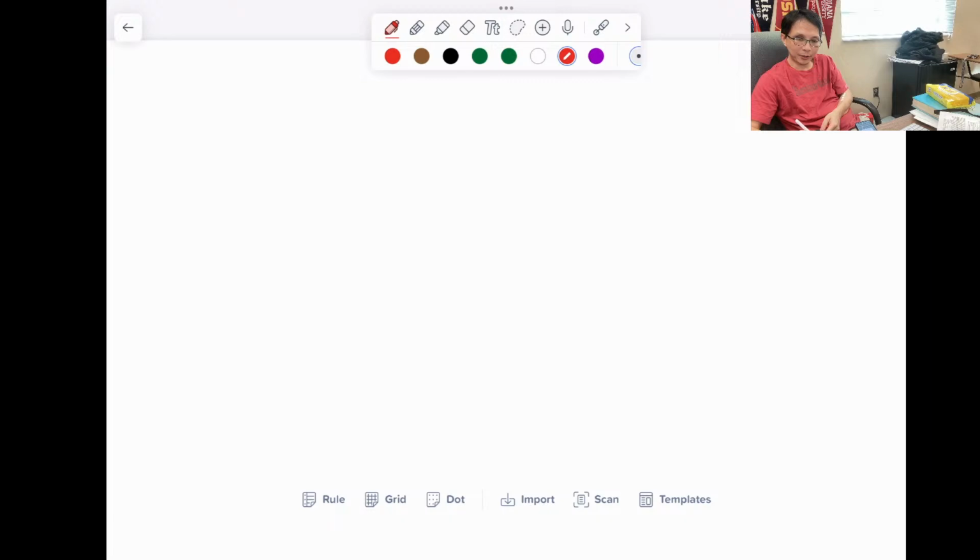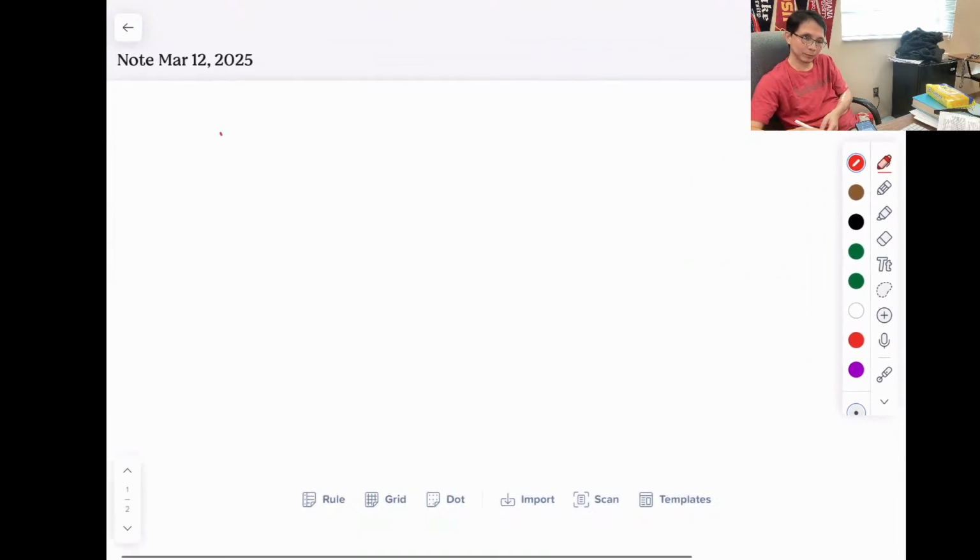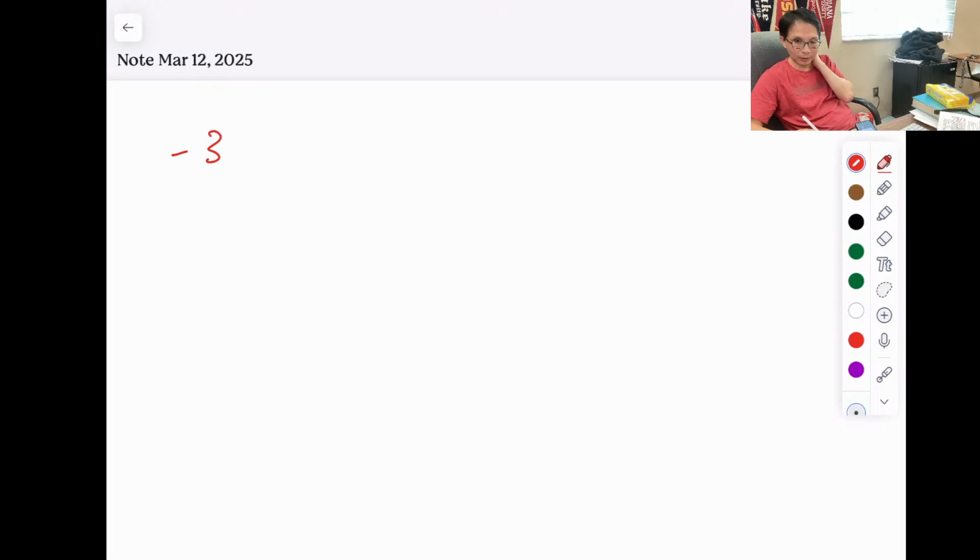For tomorrow's test, do you know how to convert coordinates? You should send a study guide. Okay, I'll write down a few questions. Negative root 3 comma negative 3. Can you find the polar coordinates? Convert to polar.